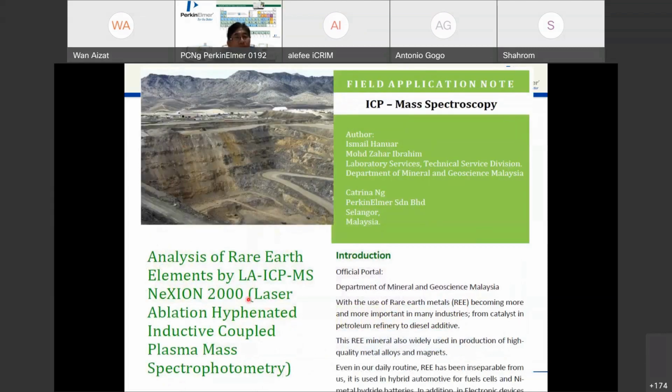For example, this is rare earth elemental analysis coupling the ICP-MS with laser ablation. For information, this is courtesy of Jabatan Mineral dan Geosains in Ipoh, working with Encik Ismail Anwar and Encik Muhammad Zaha to come out with this paper on laser ablation ICP-MS. So far in Malaysia, there's one unique laser ablation, at JMG Ipoh.